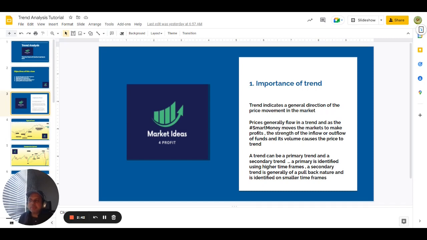Basically, trend is created by the money flow that is introduced by big institutions and pension funds, banks, HNI desks. These are the kind of people who decide that the price is undervalued, and that's how they start pumping money into a particular stock or a commodity or any asset class that we talk about, and they cause the price to go up.